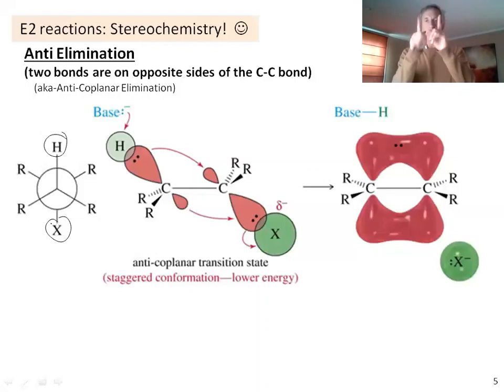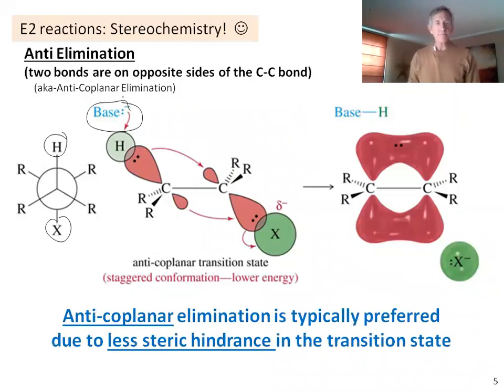So if you get the hydrogen and the leaving group anti to each other, one up, one down, and planar, then you will have the strong base come in from one side and the leaving group leave from the other side, and you will have an anti-elimination. Sometimes this is also called trans-elimination because they are on opposite sides of this C double bond C. So keep in mind, the beauty of this synthesis is not just that they're staggered, but what staggered means is there is less steric hindrance.